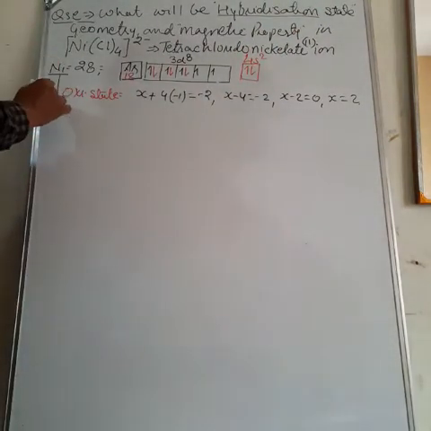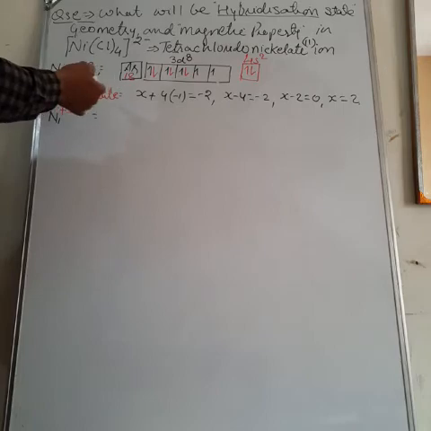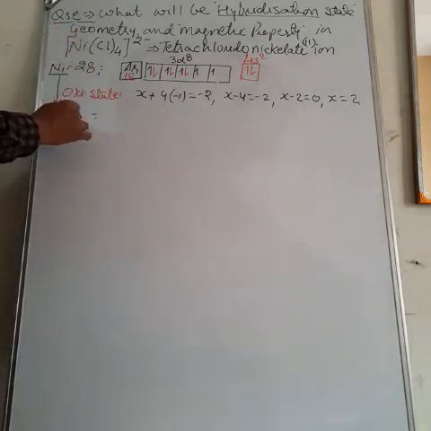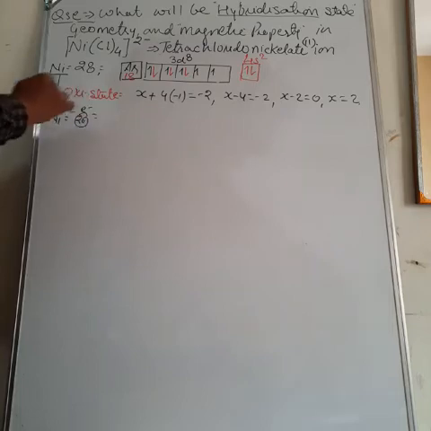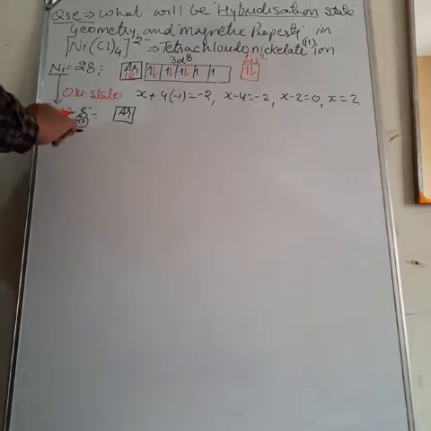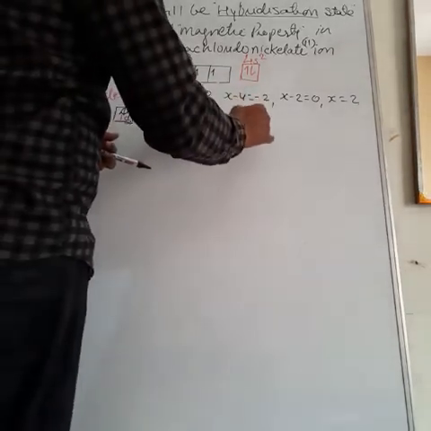So now you have to write the electronic configuration of the nickel 2+ cation. Its atomic number is 28, but the number of electrons will remain 26. So the configuration will be as earlier: argon, 18. Now 2 electrons are removed from the s orbital.